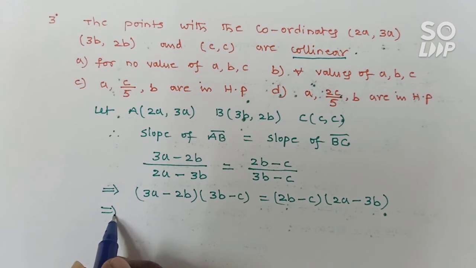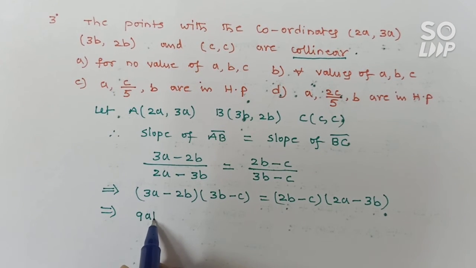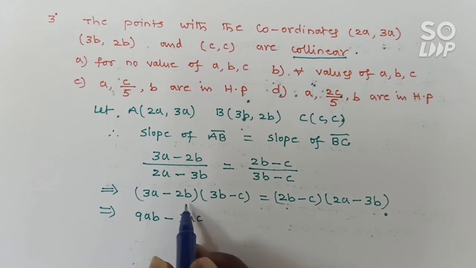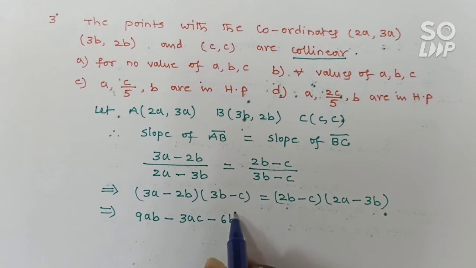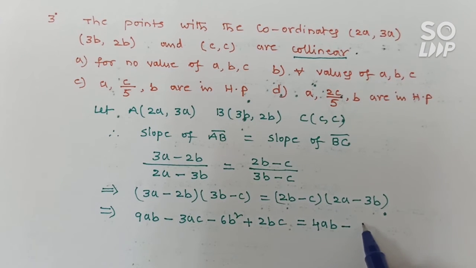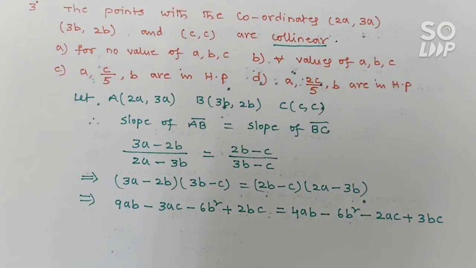That implies the left side is 9ab minus 3ac minus 6b square plus 2bc, is equal to the right side 4ab minus 6b square minus 2ac plus 3bc. See here, some terms will be cancelled.